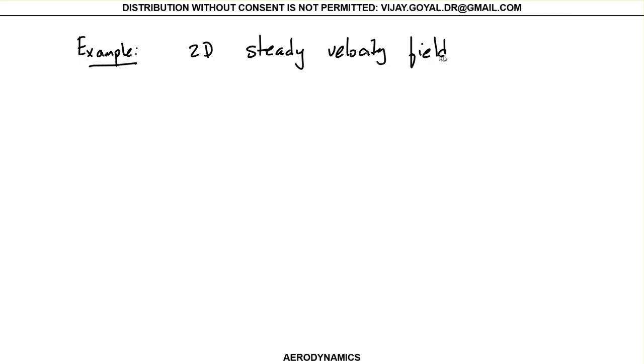And remember, when I talk about the velocity field, I'm talking about how my velocity varies as I move along my path line. Let's define this steady velocity field by these two equations, and what you are asked for is to derive a streamline pattern.